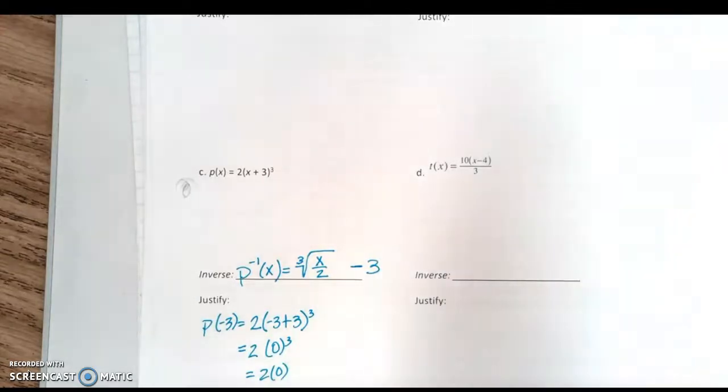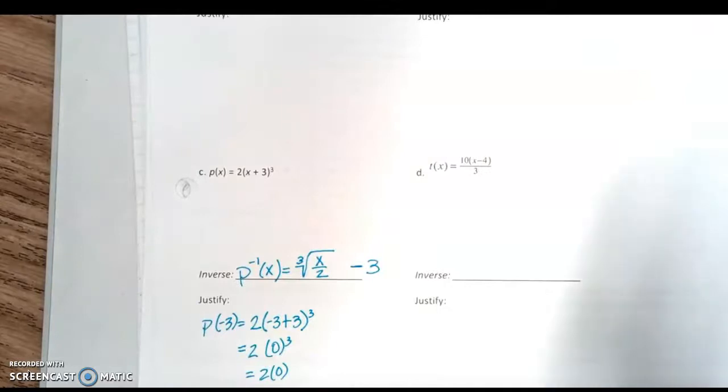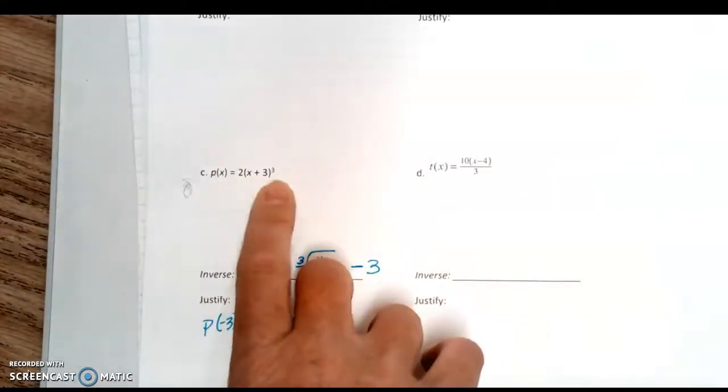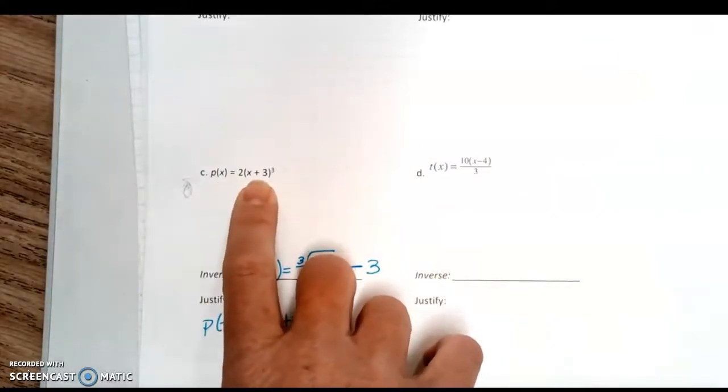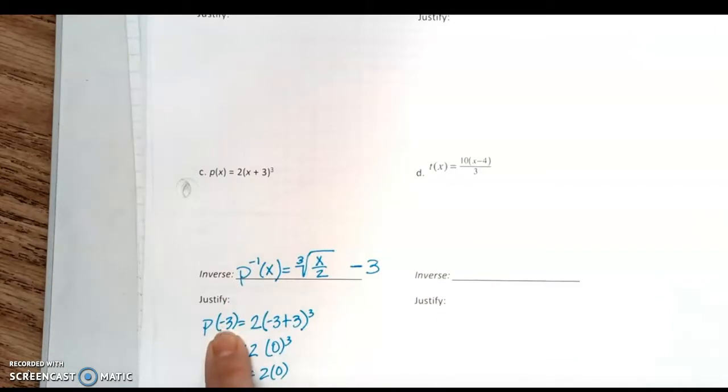Now we're going to justify it. So we're going to pick a number to plug into the original equation. Now, I picked -3 because I wanted this number in here to be 0, because I like to work with 0 a lot. So I found P of -3. So -3 plus 3 is 0, which makes it super easy to work with. 0 cubed is 0, and 2 times 0 is 0.